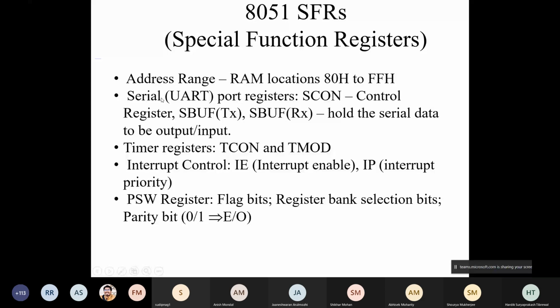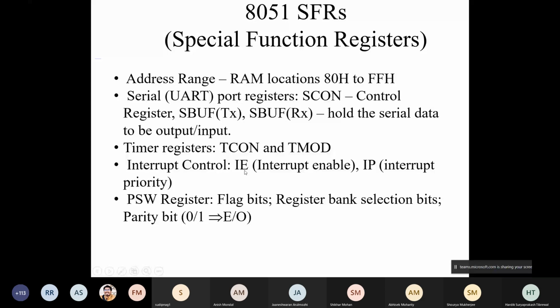Now timers have different registers. You have seen those 6 registers: TCON, TMOD, and TH and TL ones and zeros over here. Then interrupt control registers, which are very powerful registers actually: the interrupt enable and interrupt priority registers. These 2 registers control the internal hardware, external hardware or internal software interrupts.